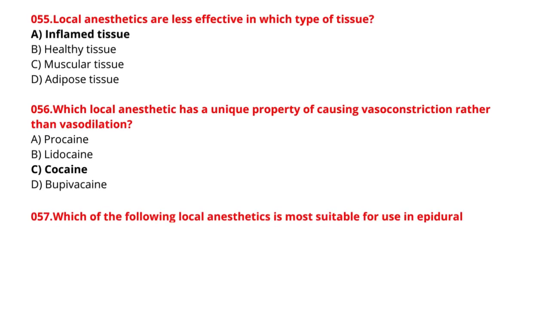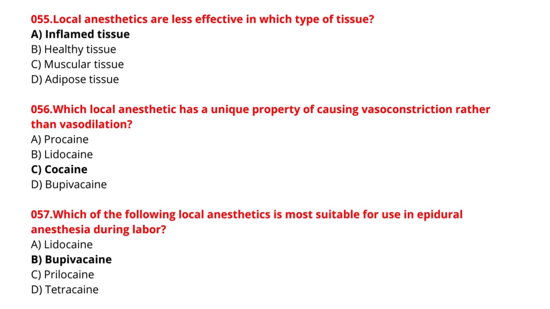055. Local anesthetics are less effective in which type of tissue? A. Inflamed tissue. B. Healthy tissue. C. Muscular tissue. D. Adipose tissue. Answer is A. 056. Which local anesthetic has a unique property of causing vasoconstriction rather than vasodilation? A. Procaine.